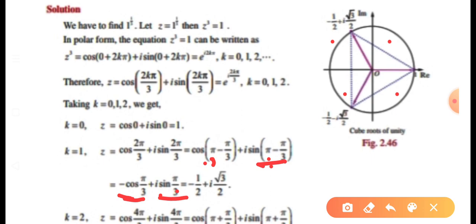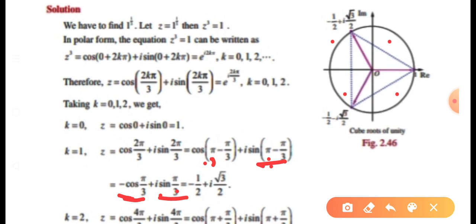If an even number of times 90 degree appears, there is no change in θ: sin implies sin θ, cos implies cos θ. Students, do you understand?